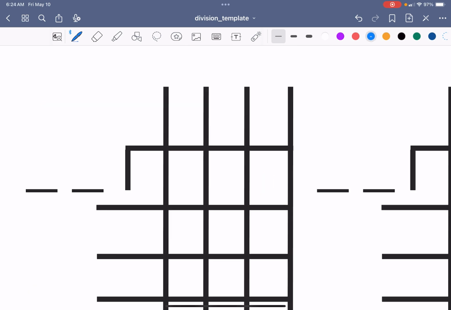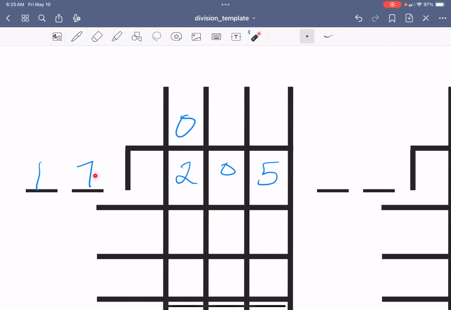Let's do 17 into 205. Okay, so again, we have to divide every number. So 17 into 2 is 0. 17 into 20 we can do. 17 can go into 20 one time.